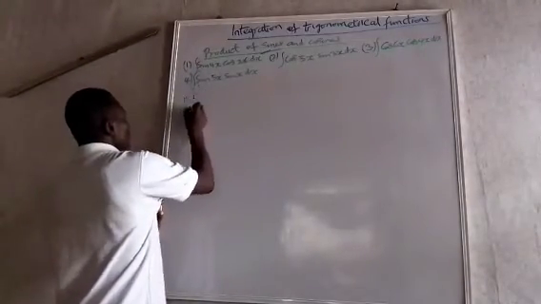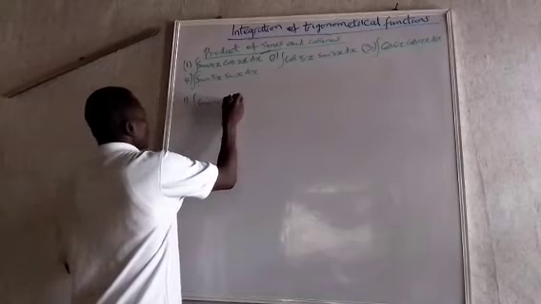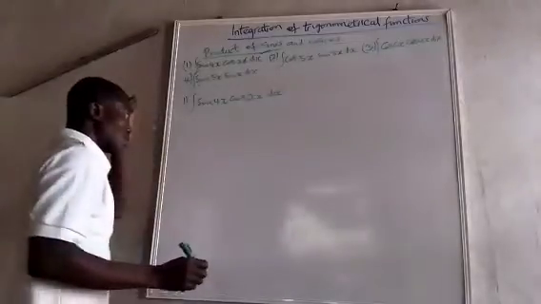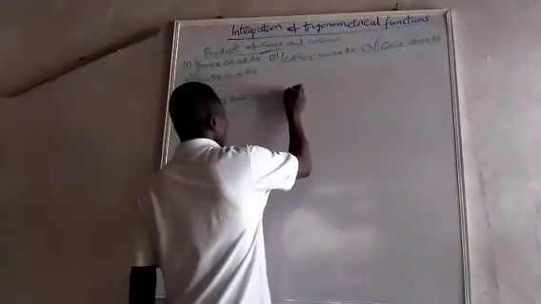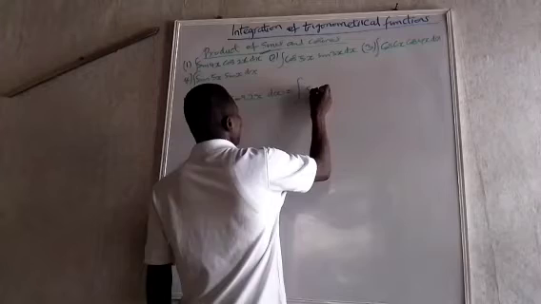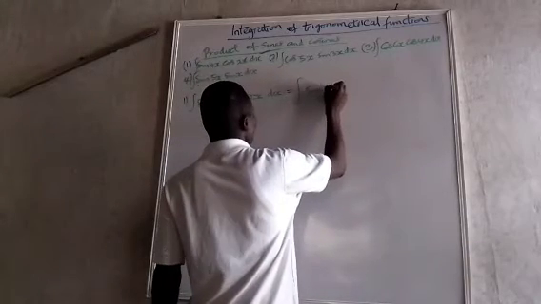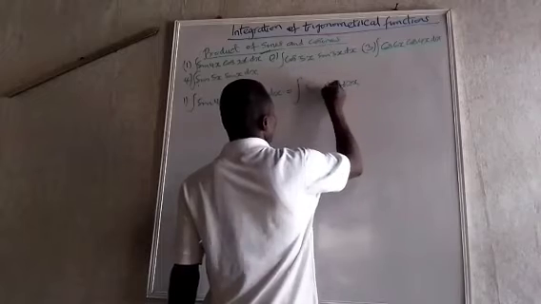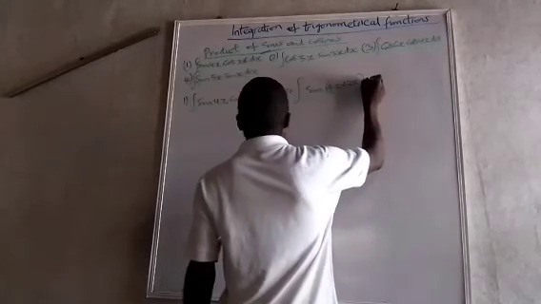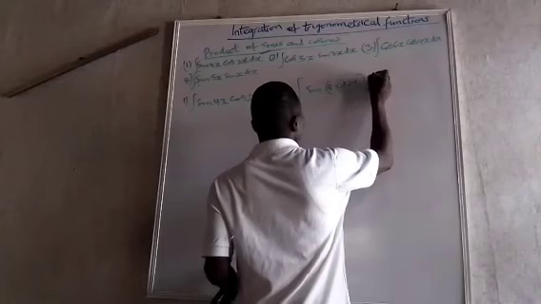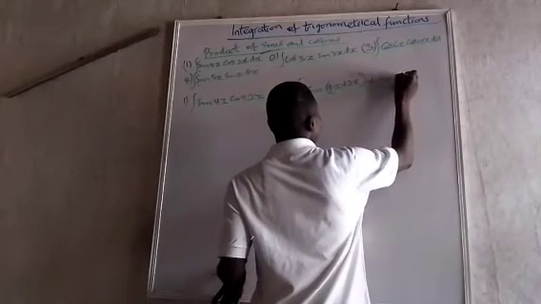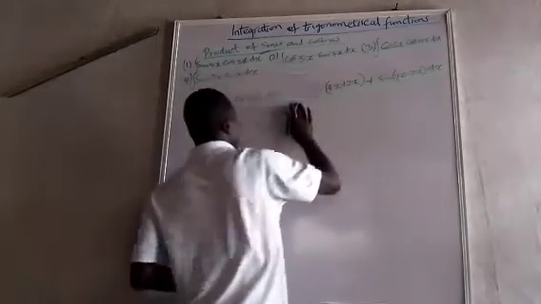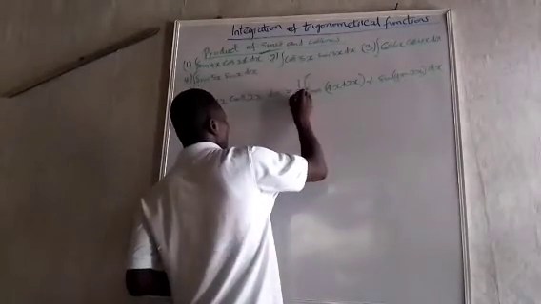The first one is the integral of sine 4x cos 2x dx. And that will give us sine 4x plus 2x plus sine 4x minus 2x dx. Please don't forget to put the half at the front here.